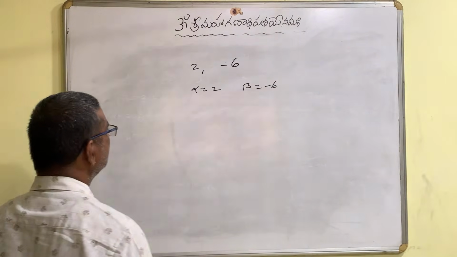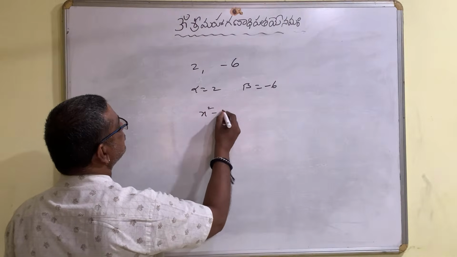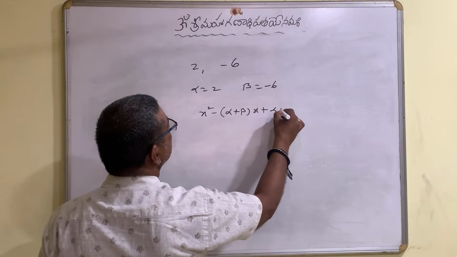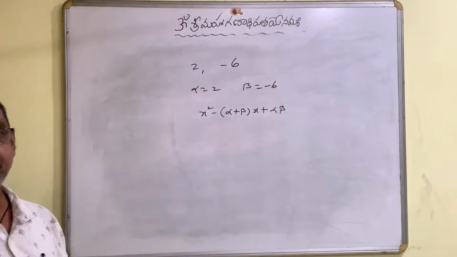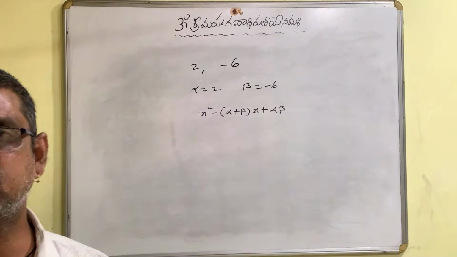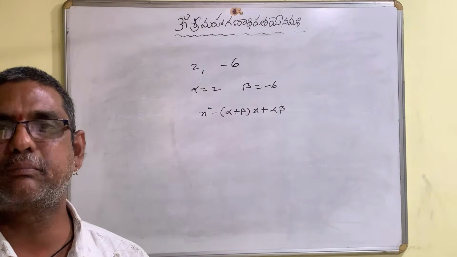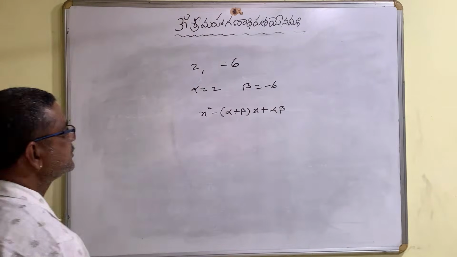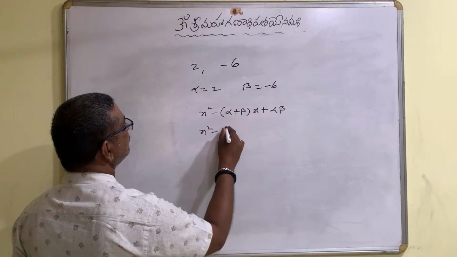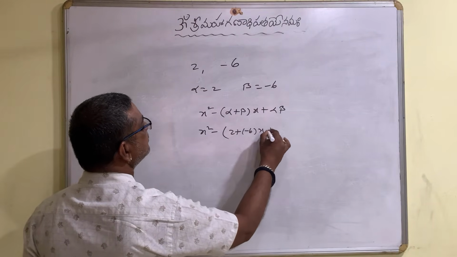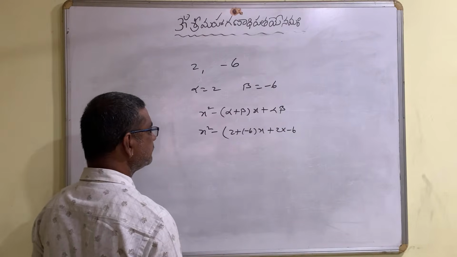Yeah. There is a formula: x square minus alpha plus beta into x plus alpha beta. Now insert the values. X square minus 2 plus negative 6 times x plus 2 into negative 6.